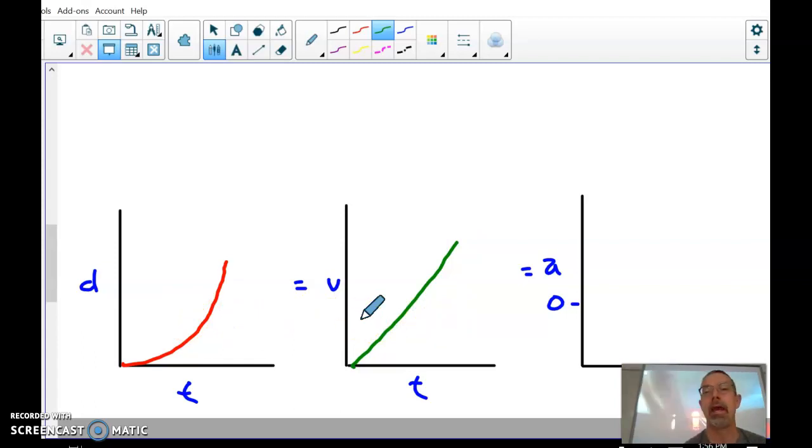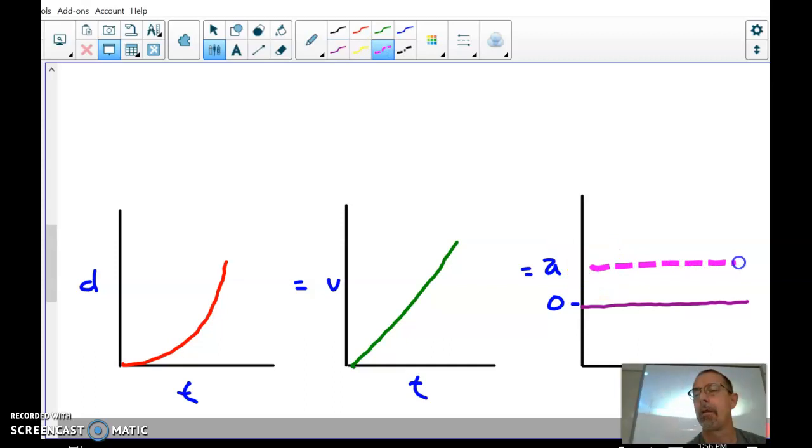Whereas on an acceleration versus time graph, you've got a horizontal line right there. I'm implying constant acceleration because my velocity versus time graph is going to be a straight line, and so that means my acceleration is constant.